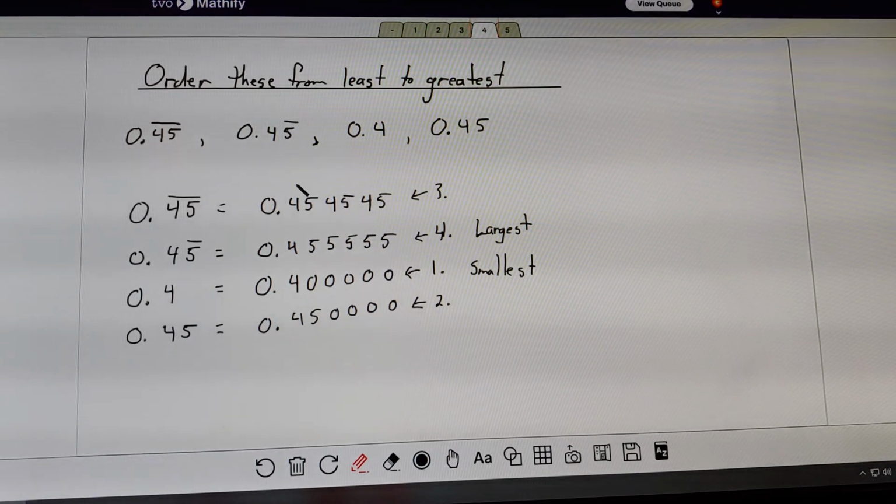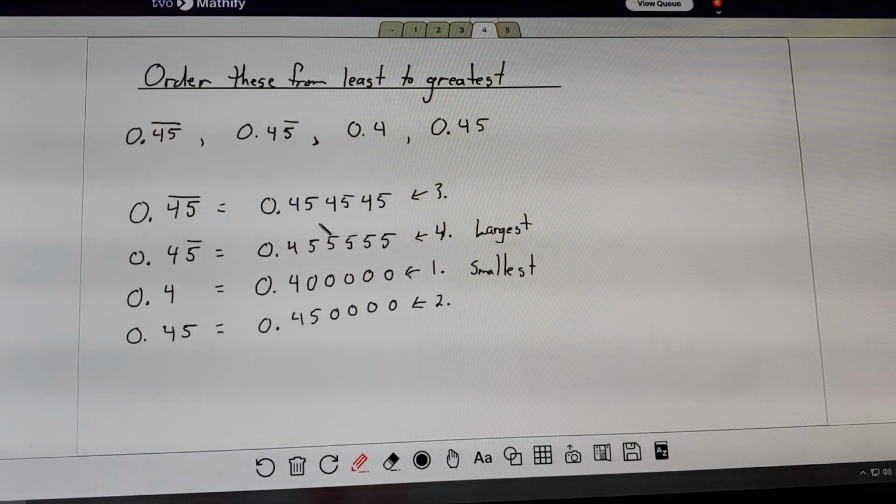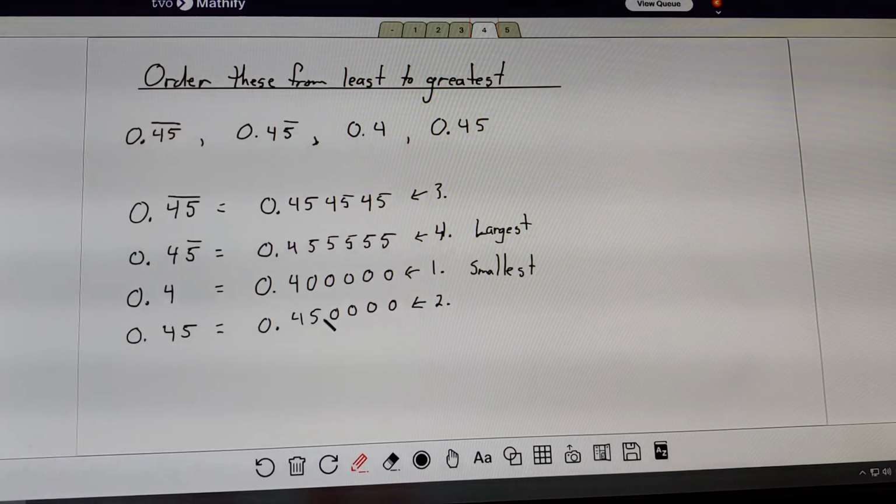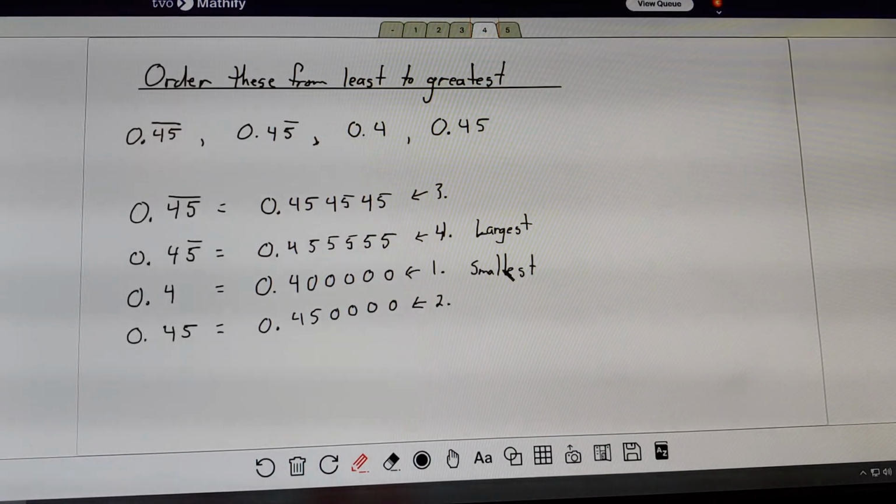By the way, as a reminder, this is the tenths decimal place. Our next decimal place, hundredths. So we'll go to the hundredths decimal place. I see a 5, a 0, and a 5. Oh, a 0. Okay, so this one's the smallest. So, smallest one. Let's go to the thousandths decimal place.